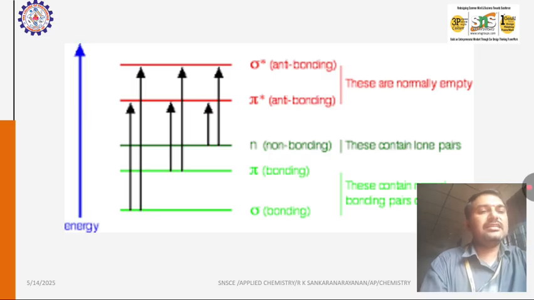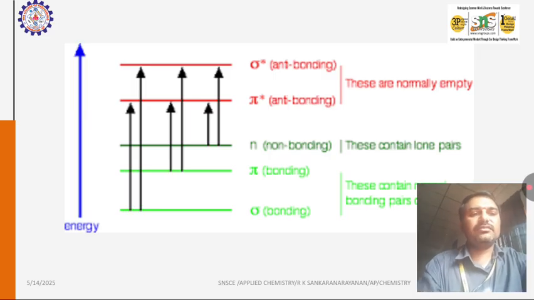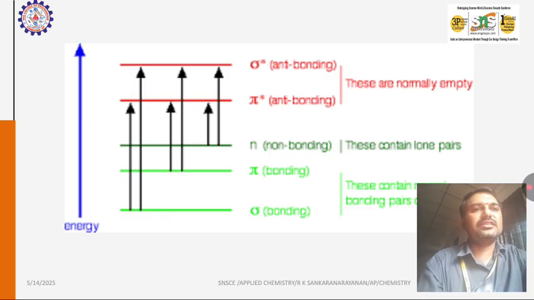These are energy levels: some chemicals need less energy and some need more energy. For example, if a fellow is very thin, he needs very little energy, and another fellow who is a little fat and strong needs a lot of energy to move upward. This is the simple concept.